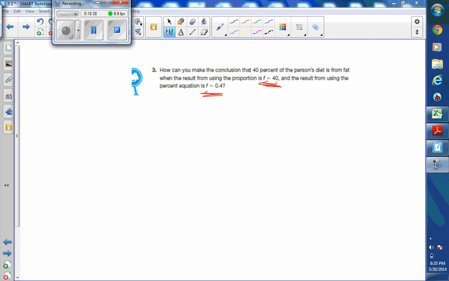I'm not going to write this one, but you should have written something like, in the proportion, your F for fat is 40%, so it's already written over 100, which means 40%. But in the percent equation, where F equals 0.4, you're using decimals as an equivalent to 40%. So since you're using a fraction versus decimals, it makes it different.